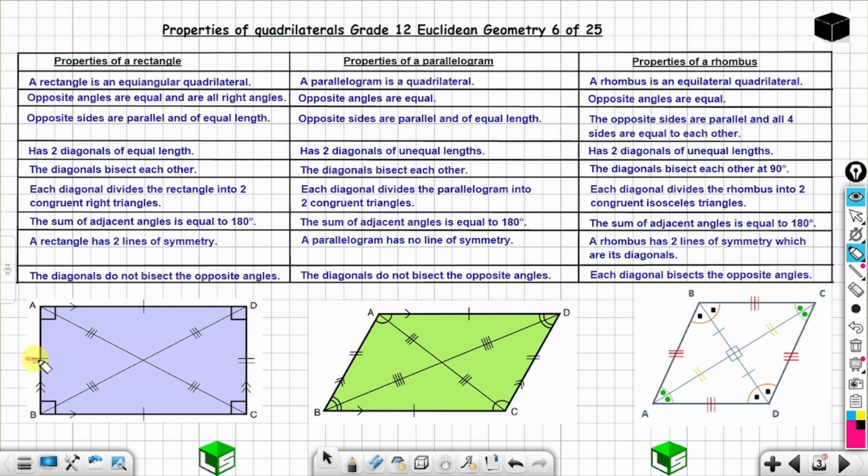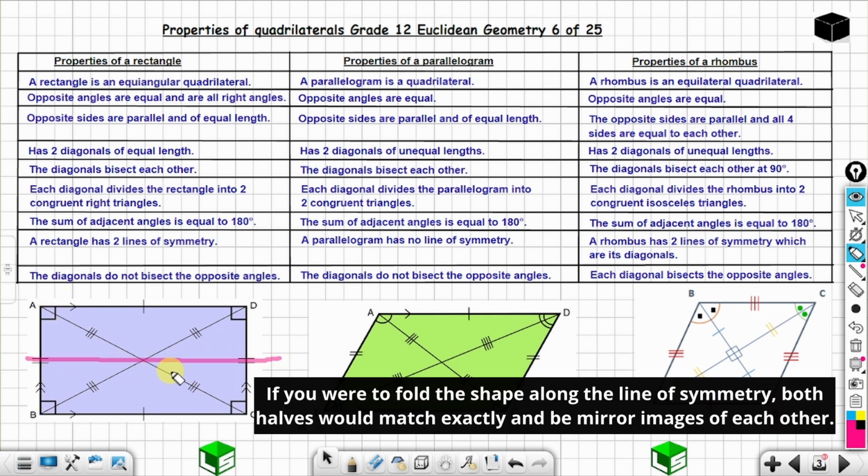The first one, you have it there. So if I can fold this rectangle about this line, I'm going to have this part exactly on top of this part. Okay, so this is symmetry.